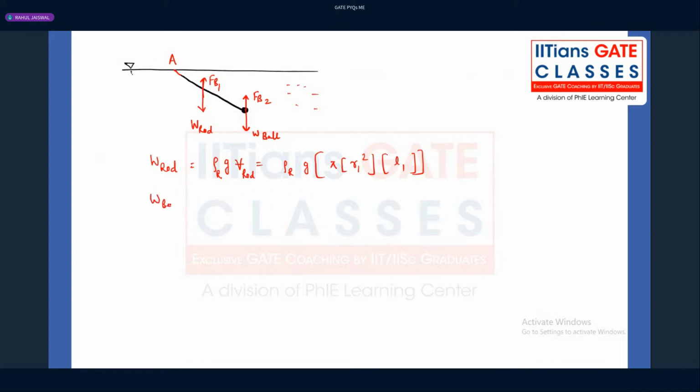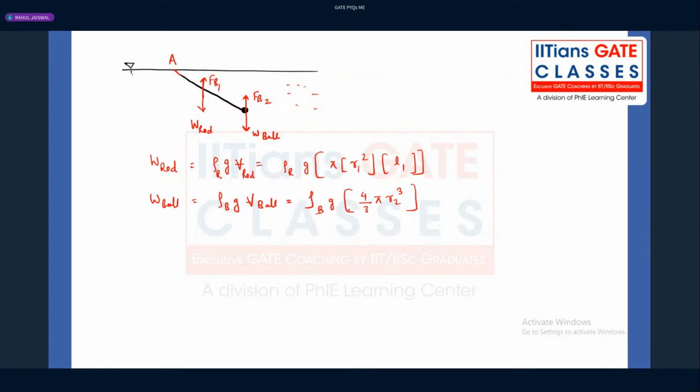What is the weight of the ball? Weight of the ball is rho of ball g into volume of the ball. What is the ball? It's a spherical shape. What is the volume of the sphere, guys? 4 by 3 pi r cube, right?